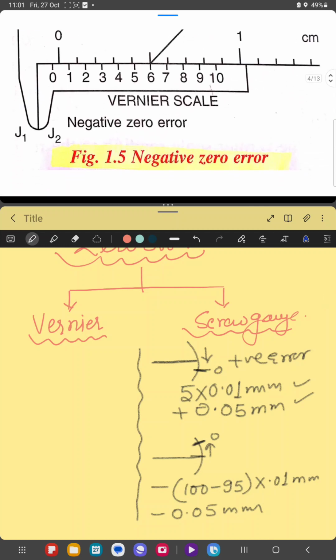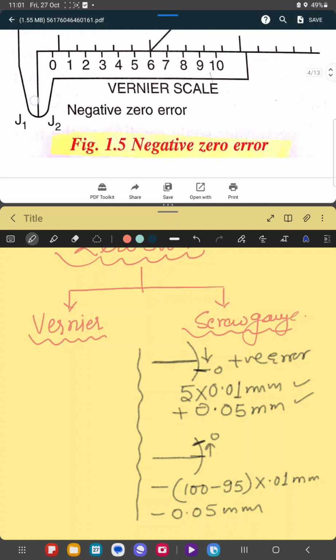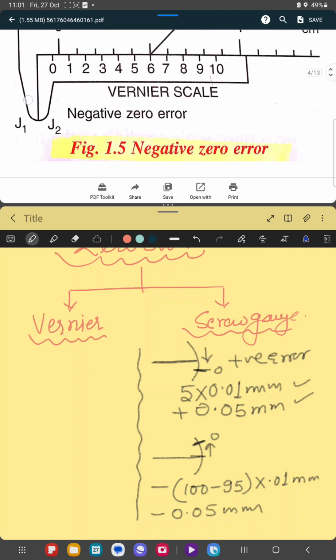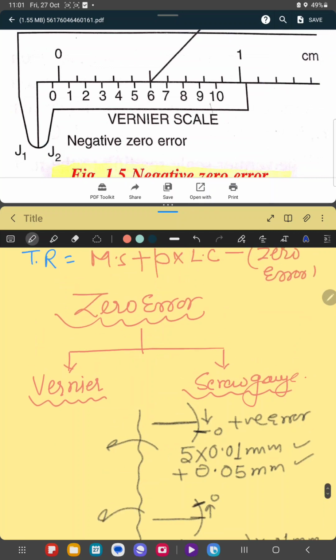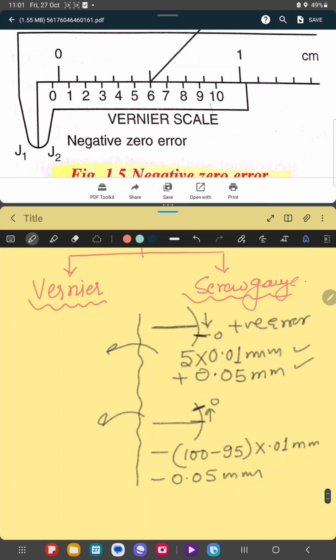And negative error is when the vernier calipers zero is lagging behind the main scale zero. I thought all this discussion will give you a sense of how we calculate zero error. In the next slide we will see the questions based on it. Till then, take care.